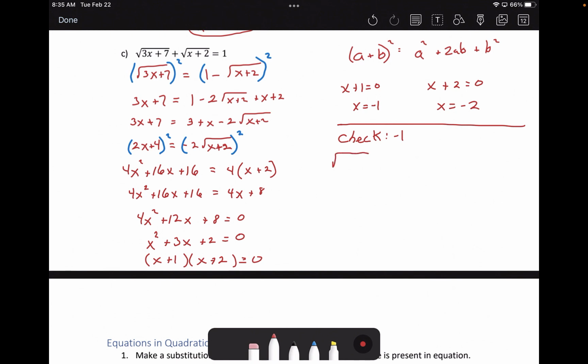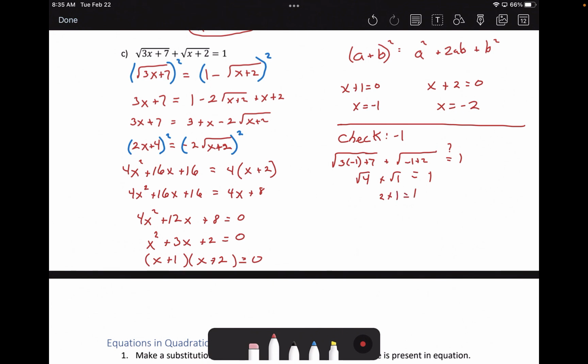Square root of 3 times -1 plus 7 plus the square root of -1 plus 2. We're asking, is that equal to 1? First we get -3 plus 7 is 4, square root of 4, plus the square root of 1. Is that equal to 1?